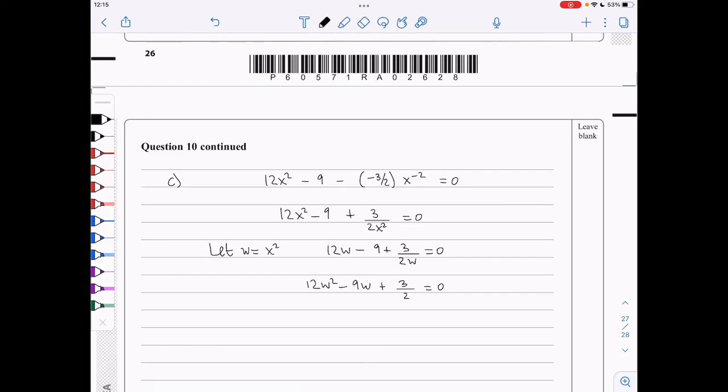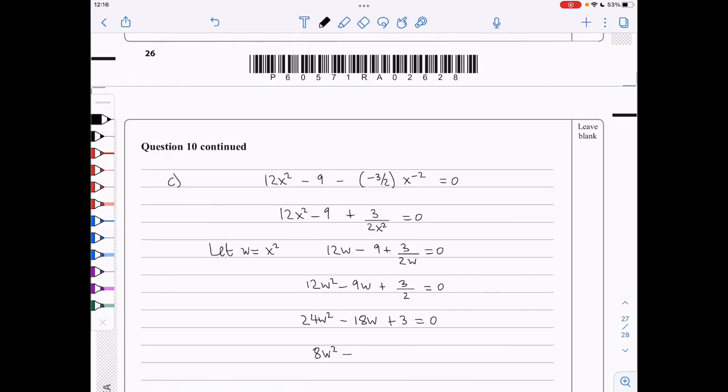And now I can multiply everything by 2, leading to 24w squared minus 18w plus 3 is 0. So I can divide now everything by 3 to make the numbers a bit easier.